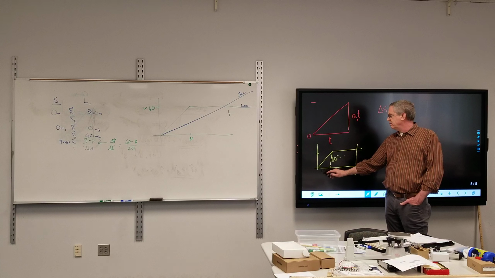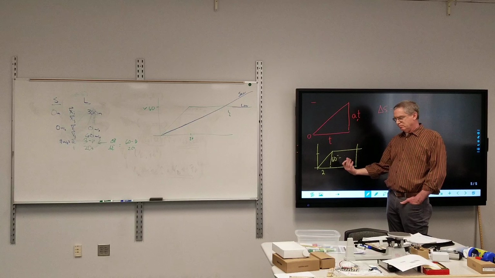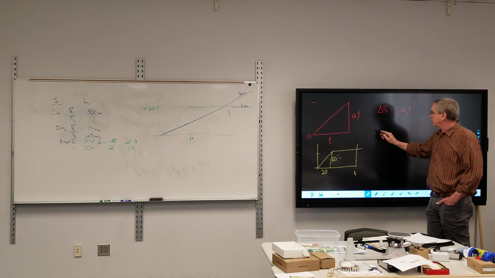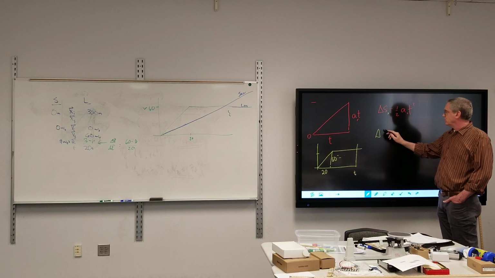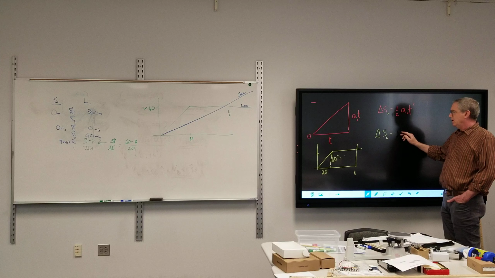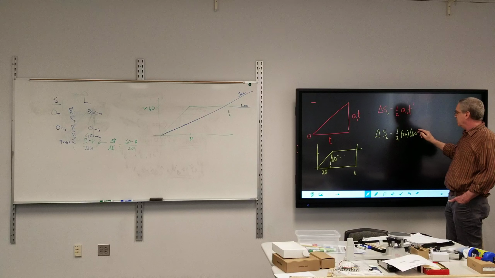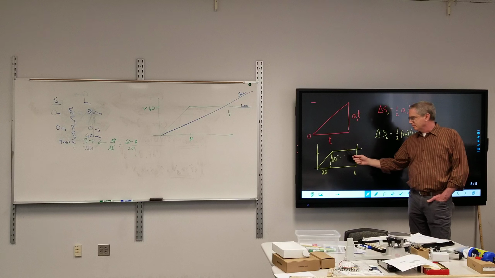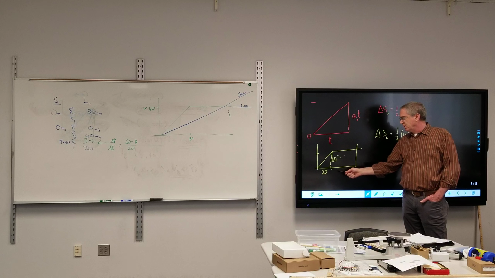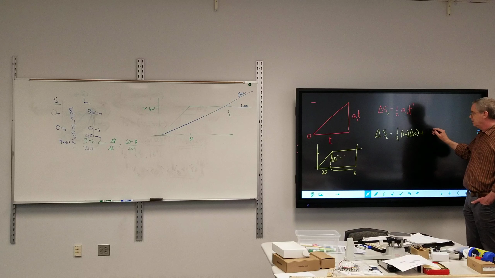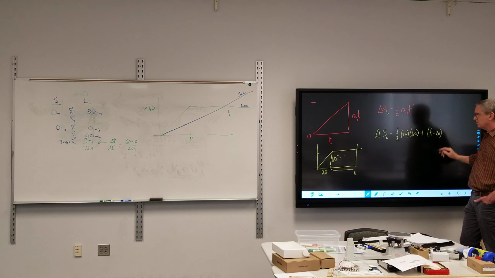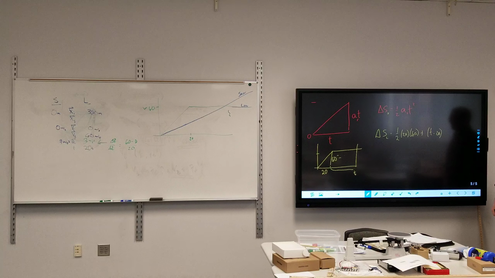It has a base of 20. So the displacement, this is for Sue, the displacement of Lou is going to be the triangle, 1/2 times 20 times 60, plus the area of this rectangle. Well, my base here is going to be t minus 20. And my height is 60. So it's a matter of when are these two equal to each other.